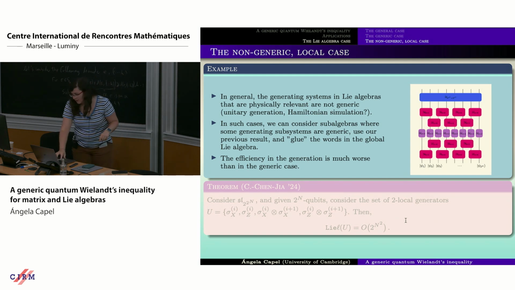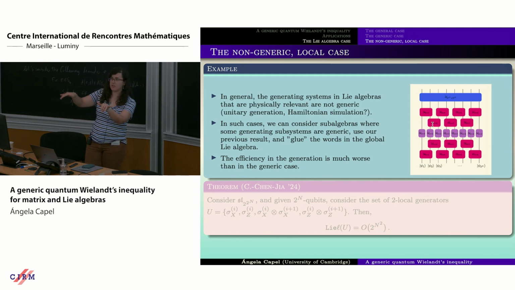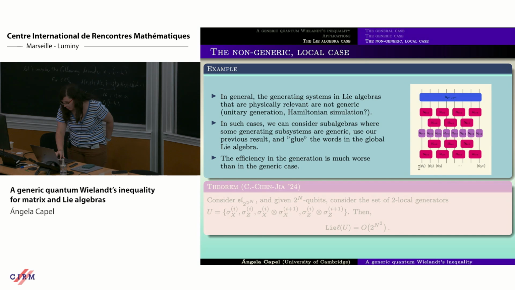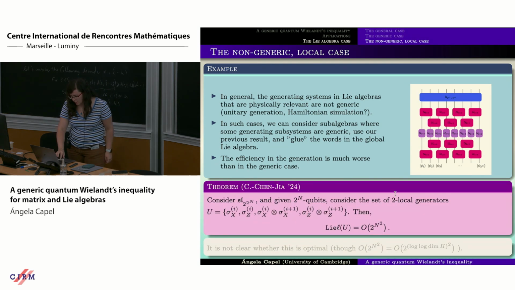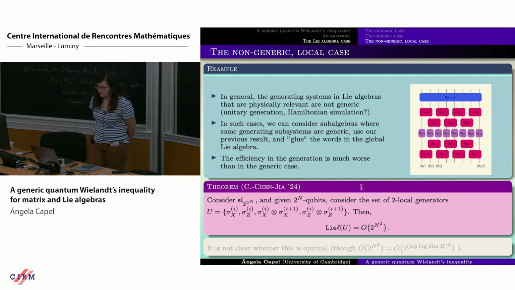So what we can do now is, in these boxes that I'm drawing here, in the purple boxes and the pink boxes, we can study all the subalgebras associated to each pair of qubits on this circuit, and then we can merge the results that we obtain for each of these subalgebras separately. So what we do in this particular case is take a 2 to the n qubit setting, like the one that I'm drawing here, and then we consider the set of two-local generators given by the Paulis.